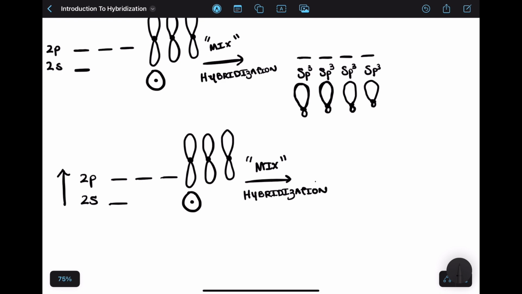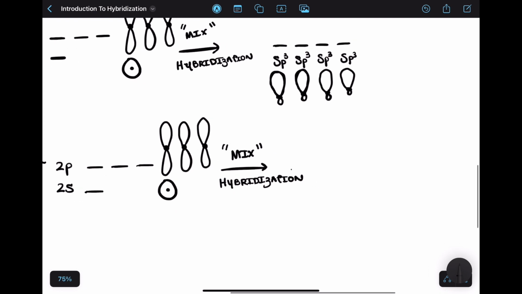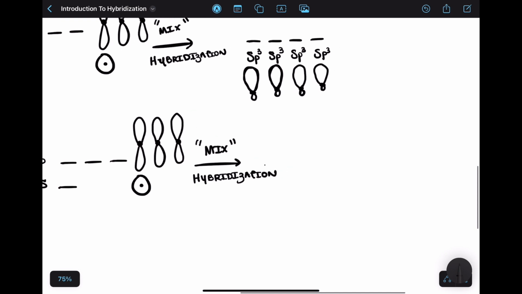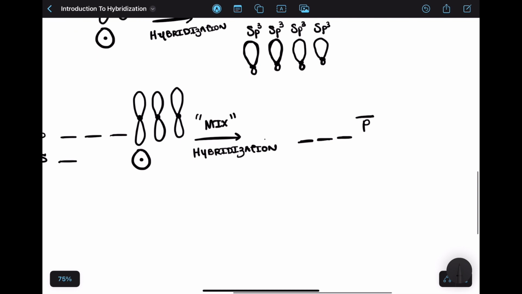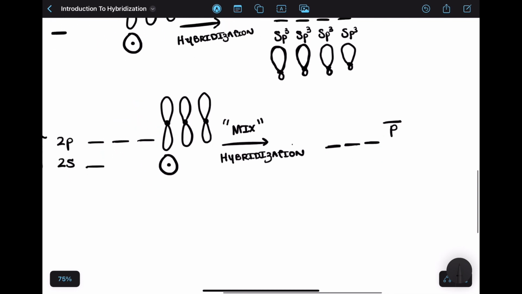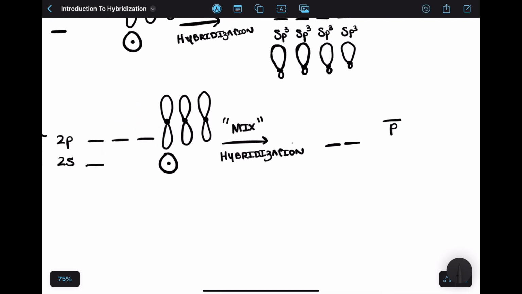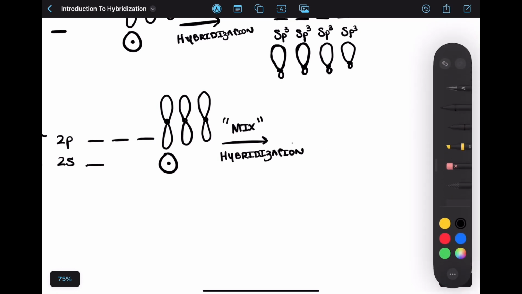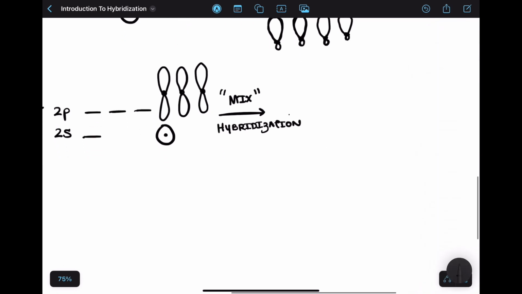And what are we going to get now? Essentially, we're going to have one unhybridized p orbital and three newly hybridized. Let me actually correct this slightly because I need to take into account energy relative to those orbitals.